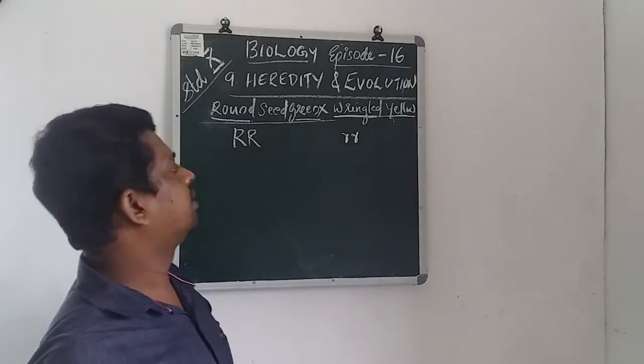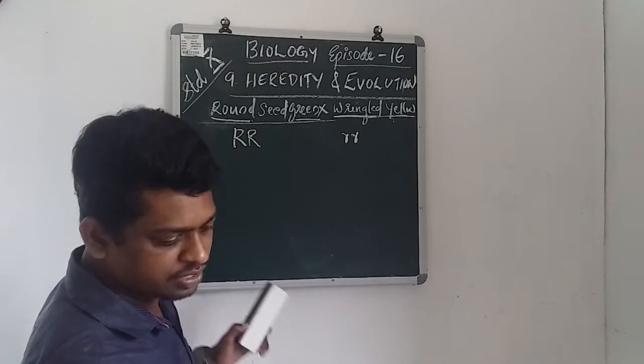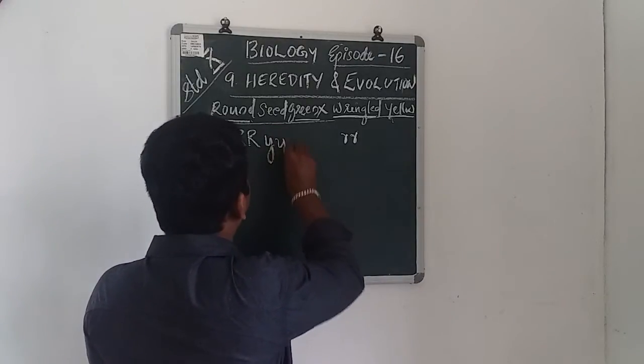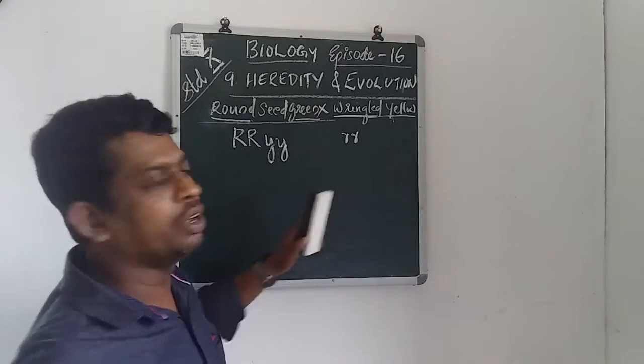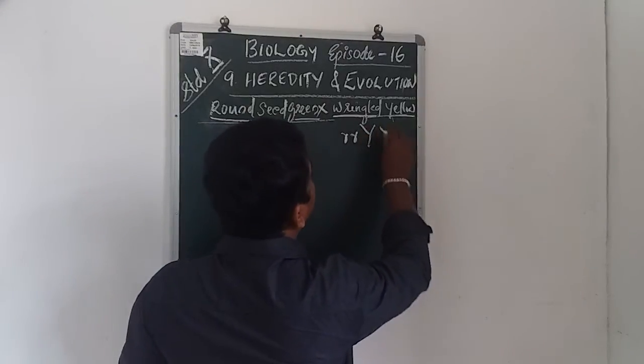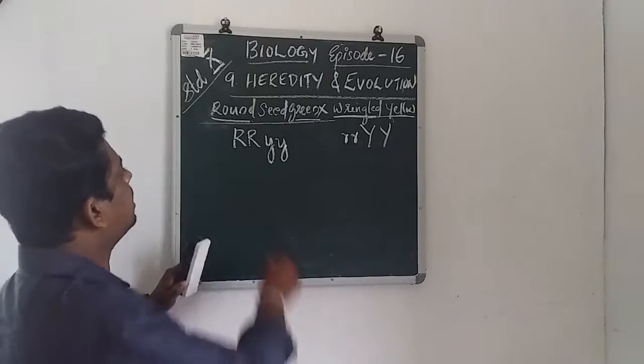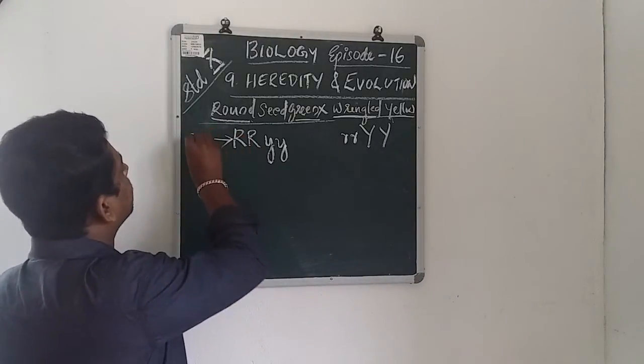The green is small y, small y, and the yellow is capital Y, capital Y. These are the genes.